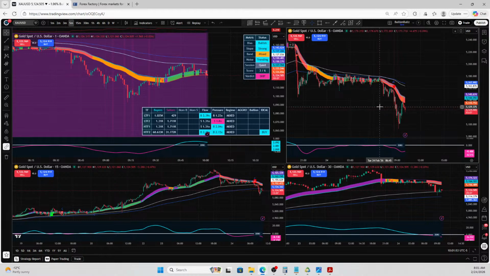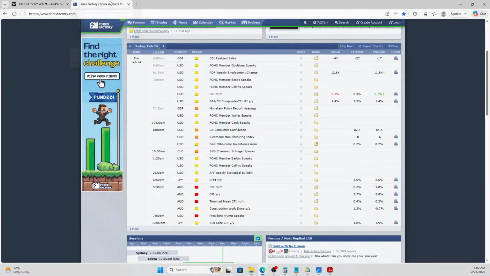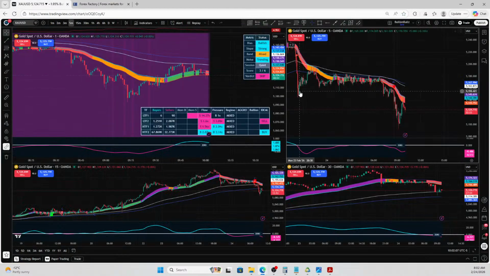So it's 8 a.m. and we see the market starting to show us the bearish direction, and we have our news that came out at 8 a.m. So we just gotta wait.